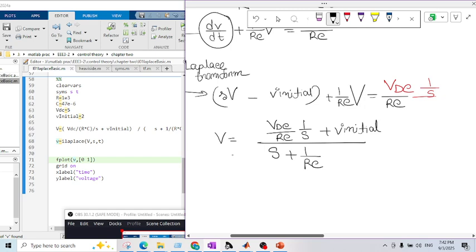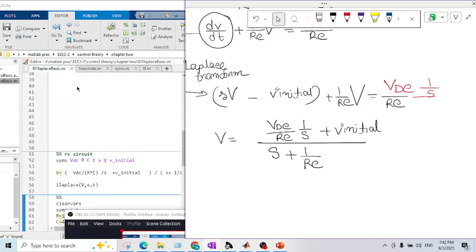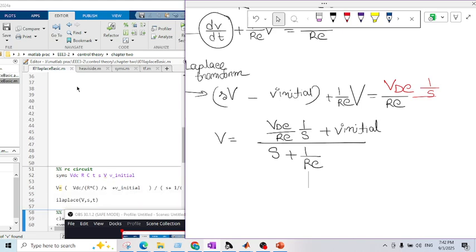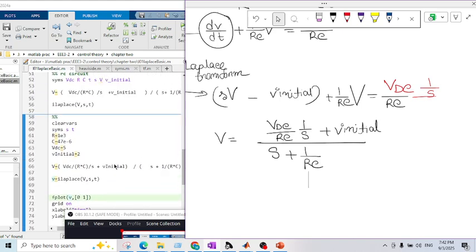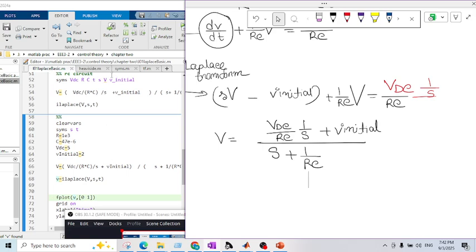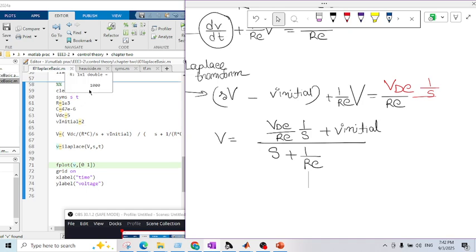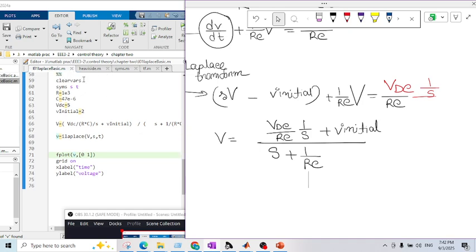Well, so let's now go to our code. So we have used the clear variables command here because we have written a lot of code above, and we have used a lot of variables. Now we want to remove the variables above, so we have used a clear variables command here. It's a good practice to do this. And then I have written a syms function to make this s and t symbolic variables.